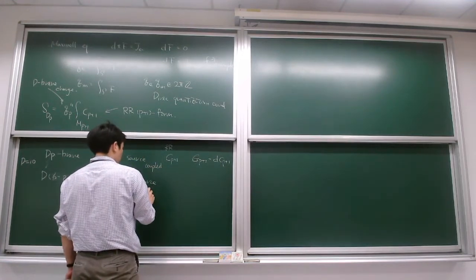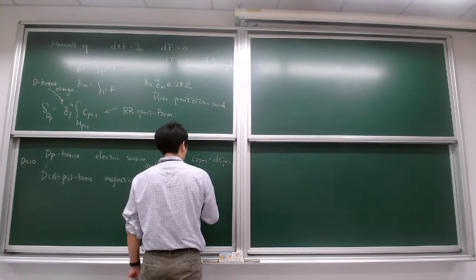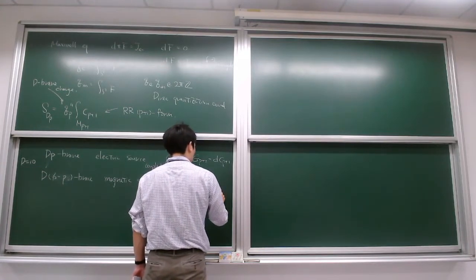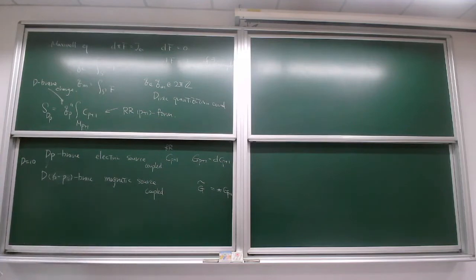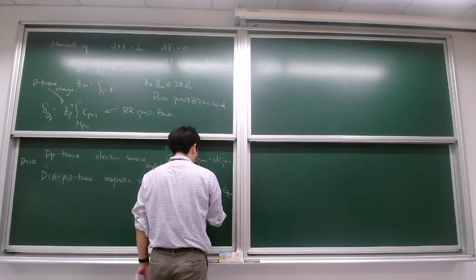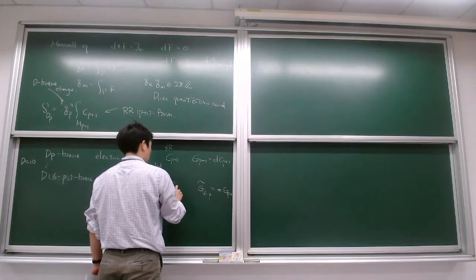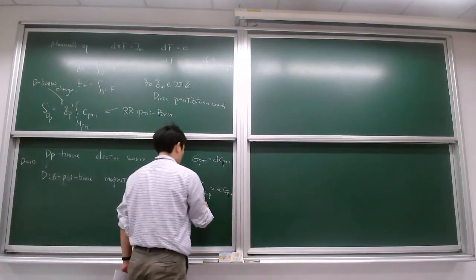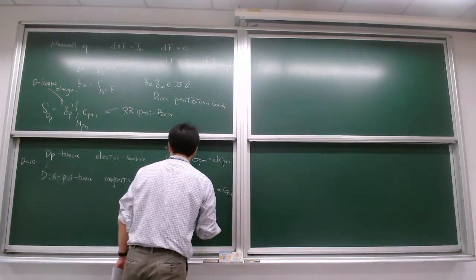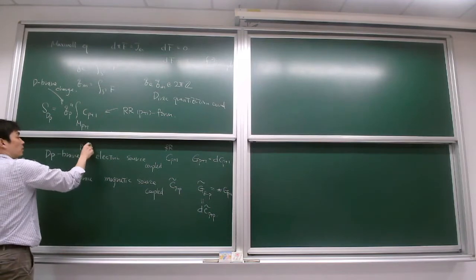Also, taking the Hodge dual of G_{p+2}, in ten dimensions it is an (8 minus p)-form. Therefore, it is coupled to the (7 plus p) Ramond-Ramond potential. Everything is consistent. Here p is assumed less than 4.